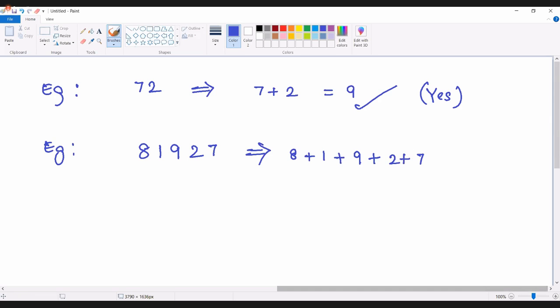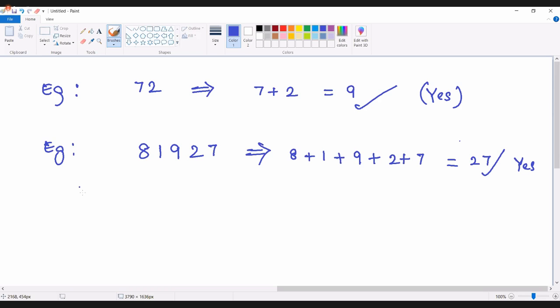What is the sum of the digits? 8 plus 1 is 9, 9 plus 9 is 18, 20, 27. 27, 2 plus 7 is 9, or otherwise directly you can check 27 is in the 9 table. We can say this number is completely divisible by 9.